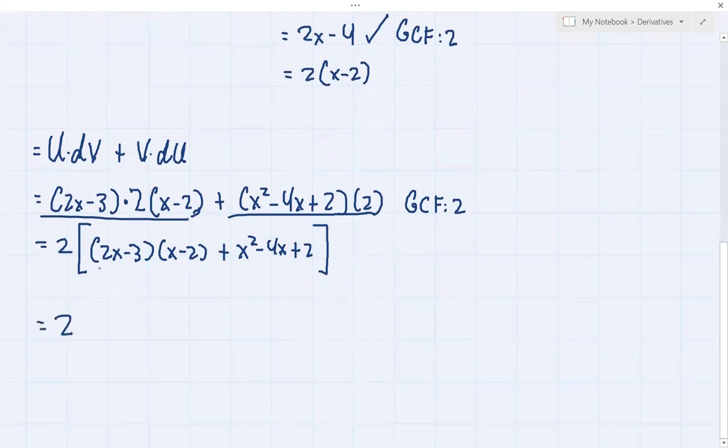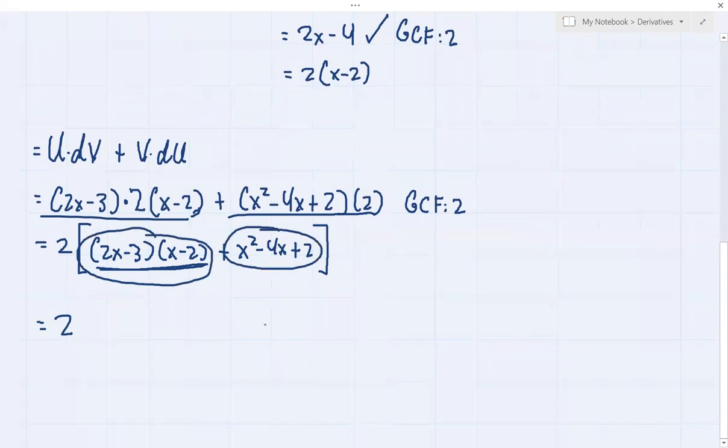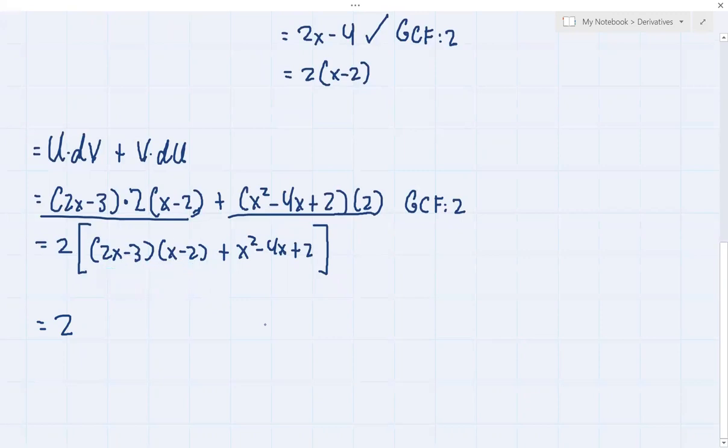Then, these binomials, you're going to expand them so that we can combine the terms here. So, let's expand these two binomials together. In here, we will apply the FOIL method.